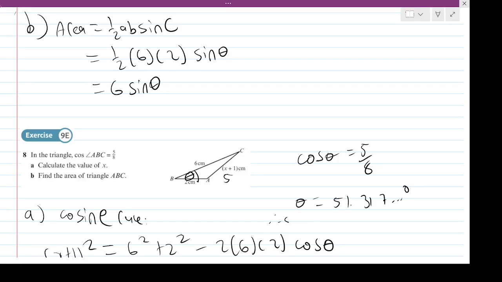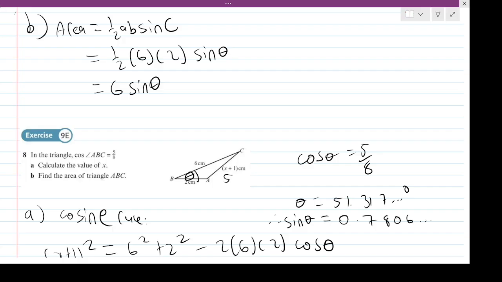So therefore, sine of this angle, if I put that in the calculator, it's going to get me... I did have to work out the angle theta then, I guess. But we try and avoid extra work whenever we can. That's what I'm saying. Anyway, if we do sine of 51.317, I get 0.7806, and so on.